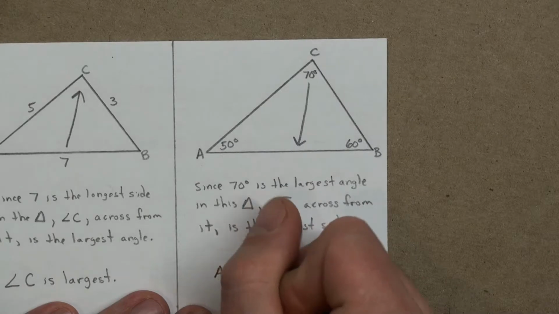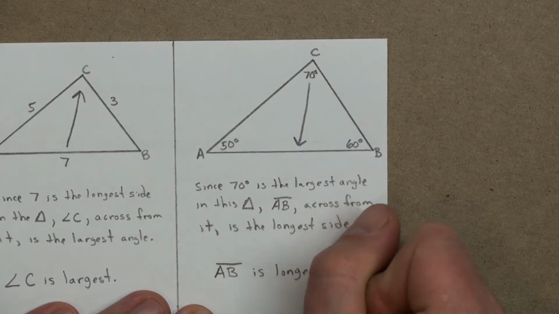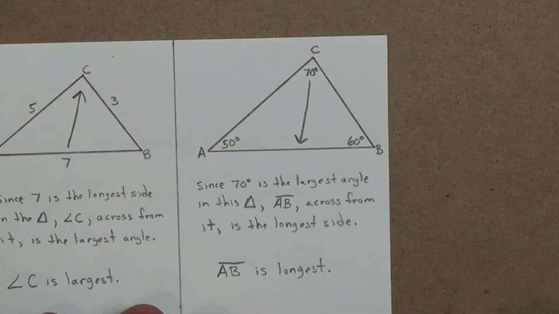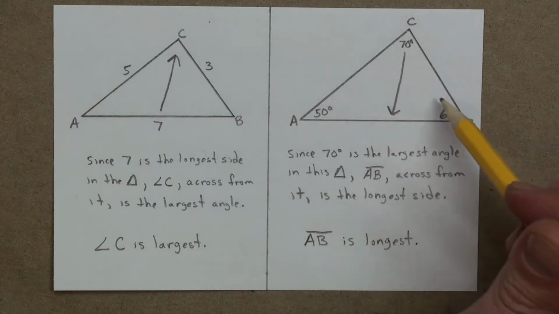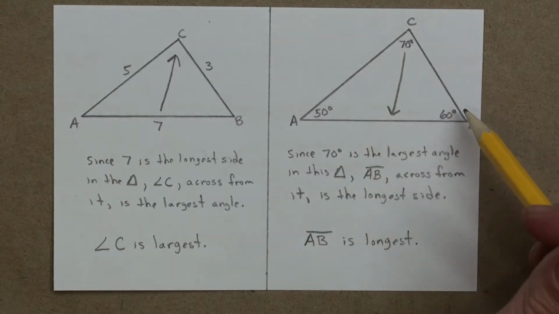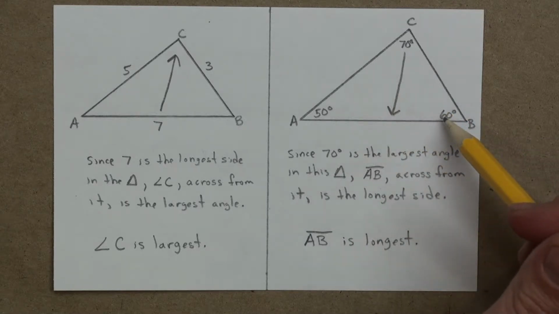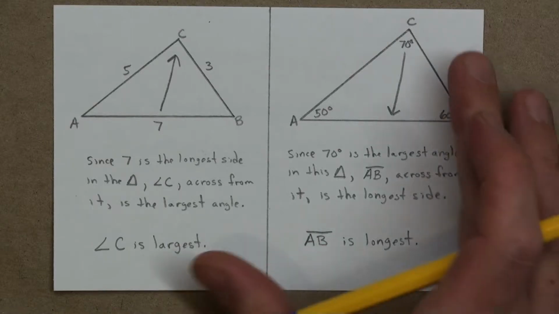So AB is longest. And by the way, that also means that AC is second longest and CB is third longest, because it's across from the second longest side and the third longest side. Okay? So that's card 81.